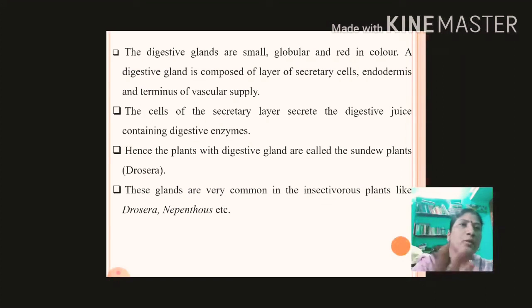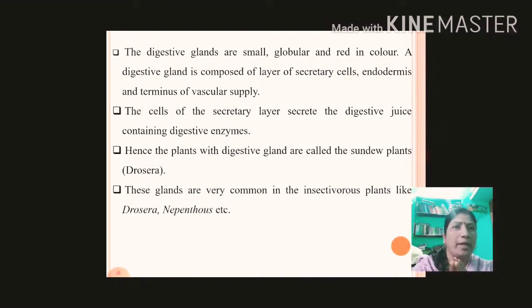The cells have secretory layers and form a juice containing digestive enzymes.